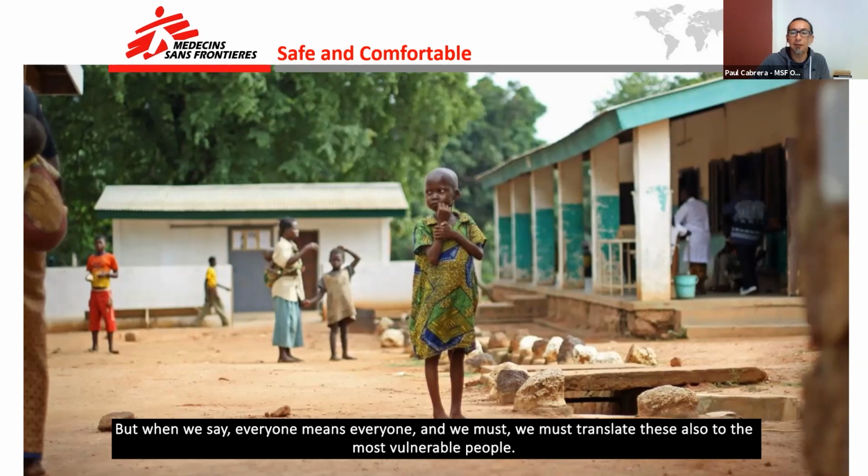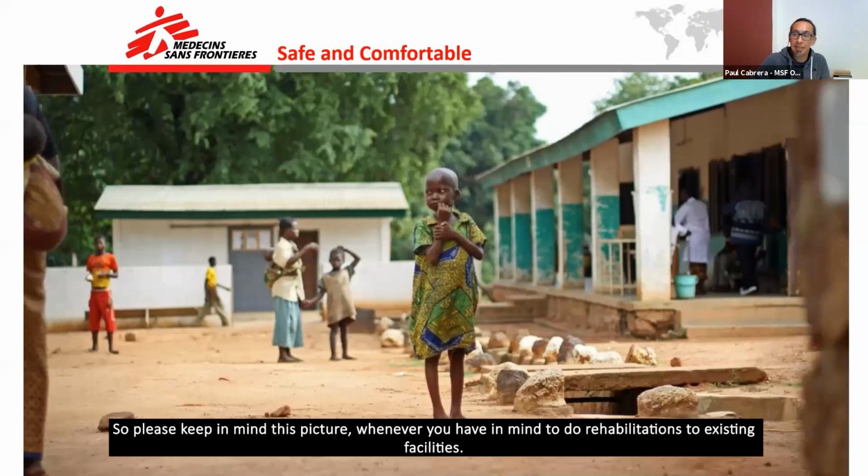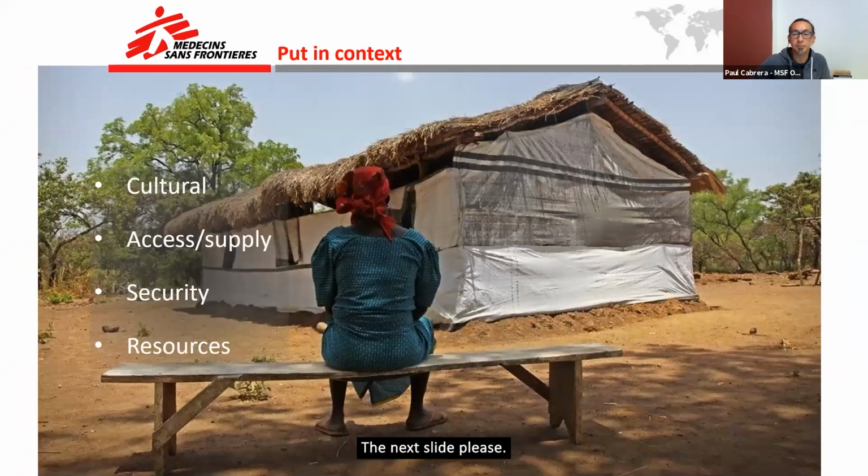But when we say everyone, it means everyone, and we must translate this also to the most vulnerable people. So please keep in mind this picture as well whenever you have in mind to make rehabilitations to existing facilities. The next slide, please.